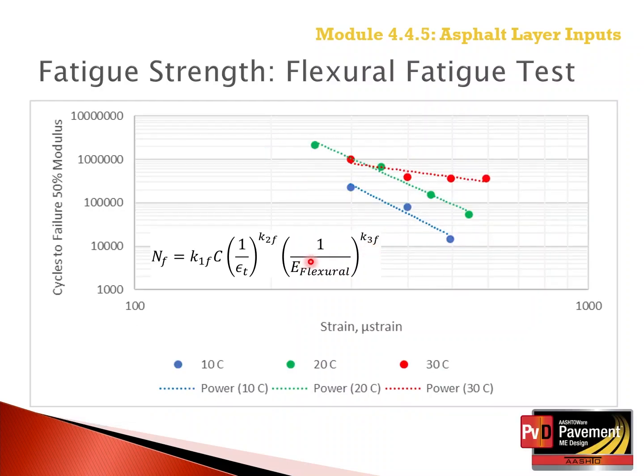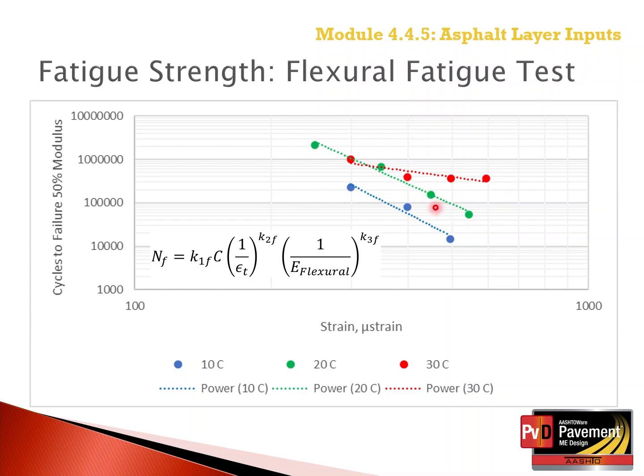This chart provides another example of the test results from AASHTO T321 for three test temperatures of 10, 20, and 30 degrees centigrade. 4 tensile strain levels were used for each test temperature as for the previous example. However, the test results for 30 degrees centigrade display a completely different relationship compared to the other two temperature levels, 10 and 20.